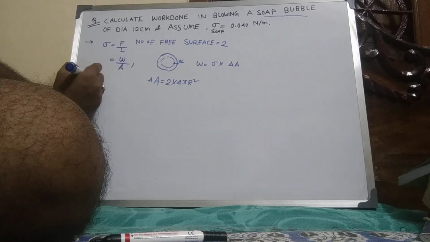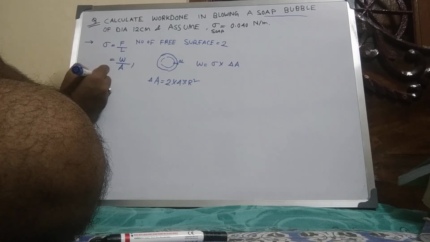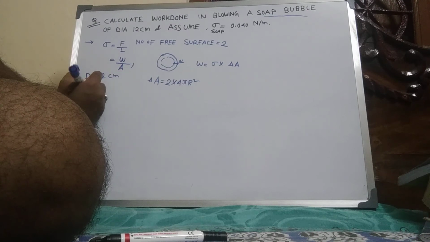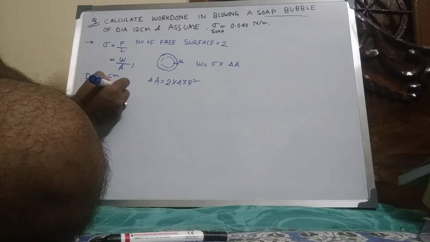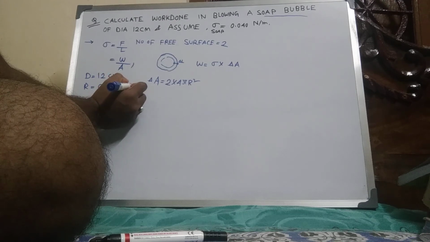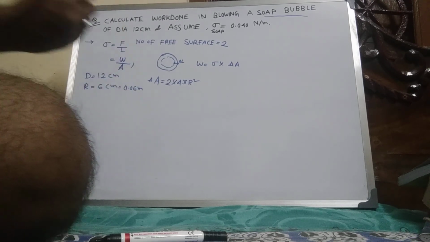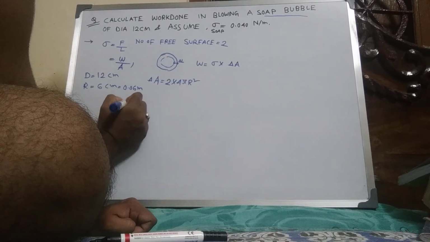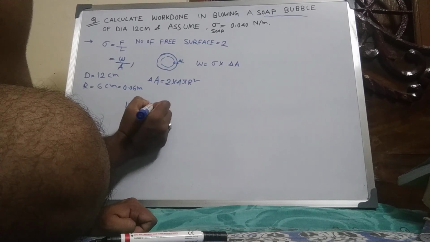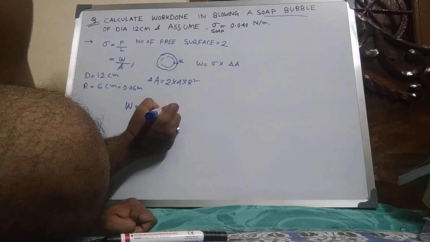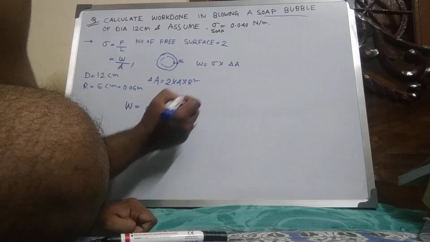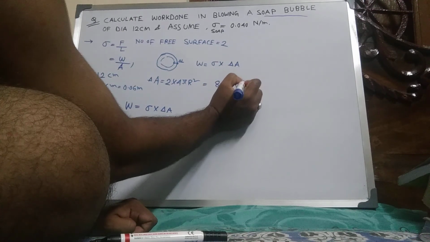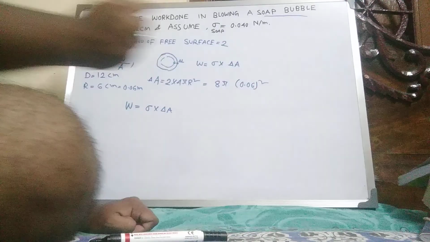And d equals diameter of soap bubble 12 cm, and radius equals 6 cm or 0.06 meters. And put work done equals surface tension into area, and this is 8 pi r square, value is 0.06 whole square.